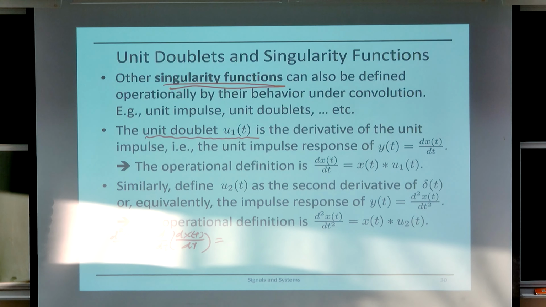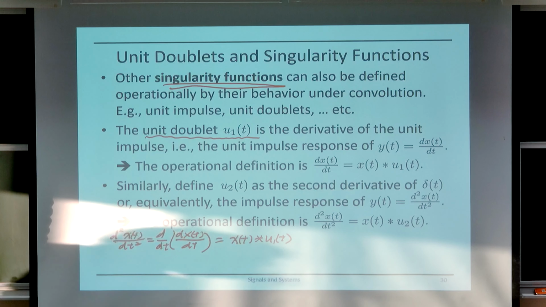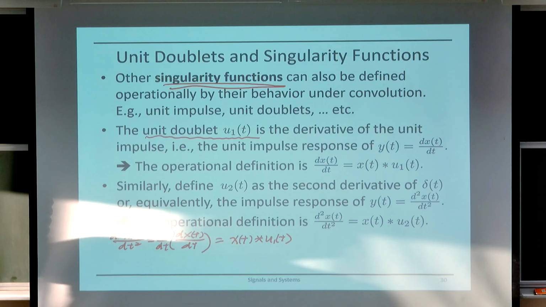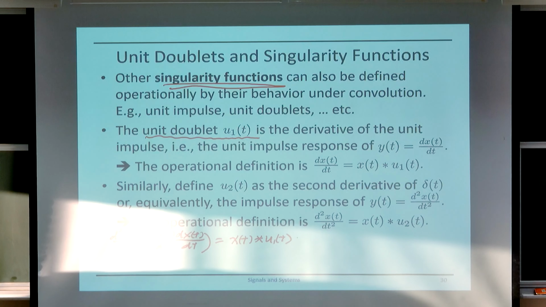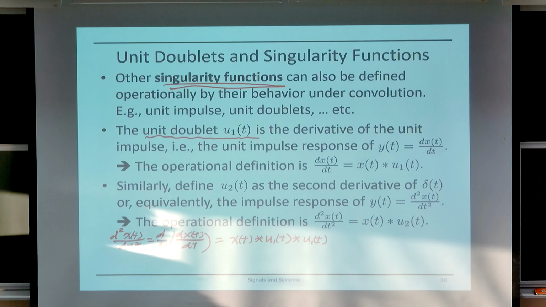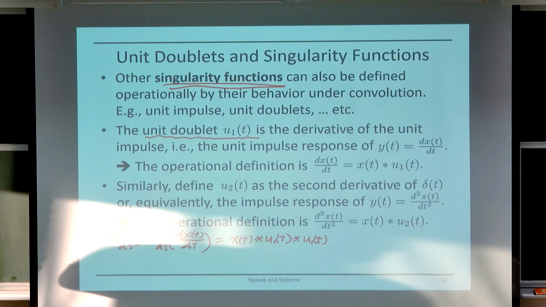So you can write this as x of t convolved with the unit doublet, which gives you the first derivative, and again with another unit doublet, which gives you the second derivative, okay?